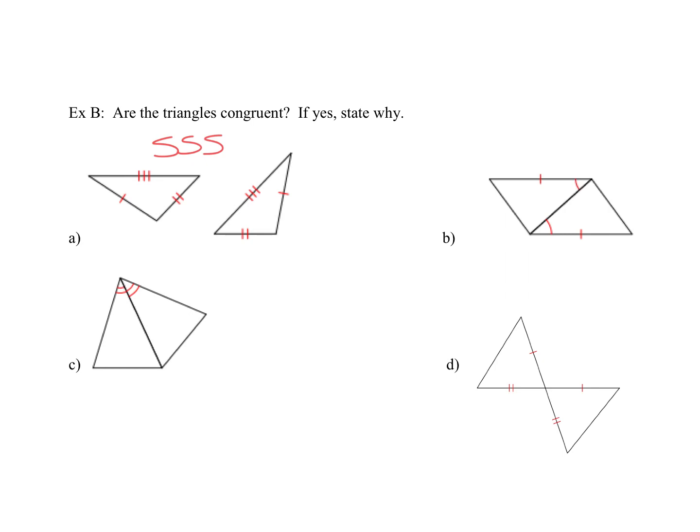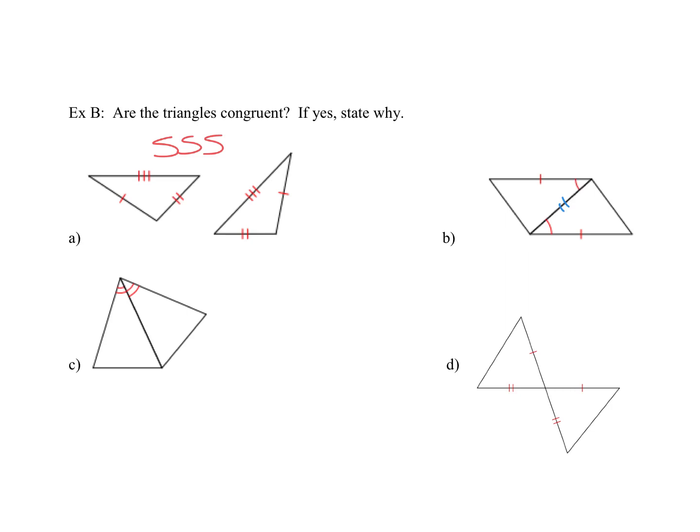So for B here, they're trying to trick you a little bit. What they've done is put the two triangles together. So what does that tell me about this side? Are they going to be different between the two triangles? No, right? If it's a shared side, it's equal to itself.